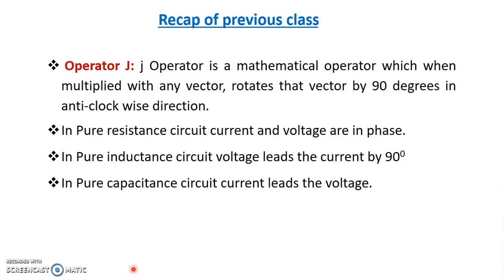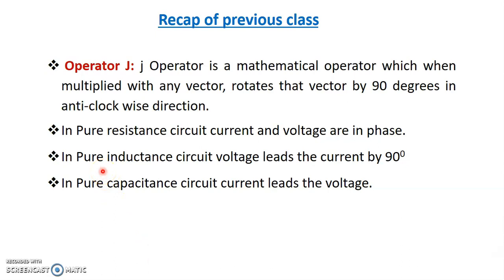In the previous class, we have seen what is j, which is equal to root of -1, and why it is called an operator. That is, when it is multiplied with a vector, the vector rotates by 90 degrees in anti-clockwise direction.